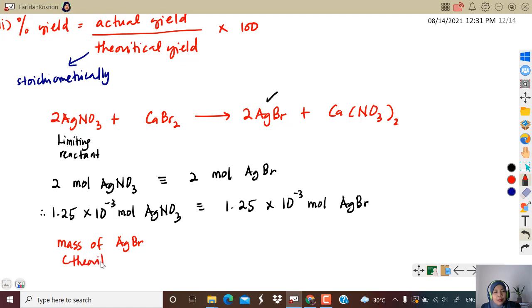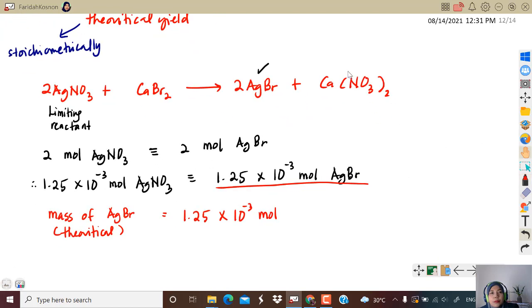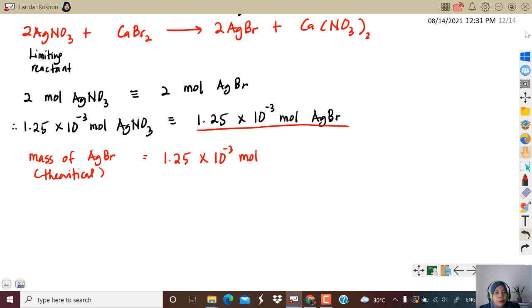Jadi kita kena cari dulu mass of silver bromide theoretical. Daripada mole yang theoretical ini, kita convert kepada mass. Jadi berapa molar mass silver bromide? 1.25 times 10 to the power of negative 3 mole times its molar mass.